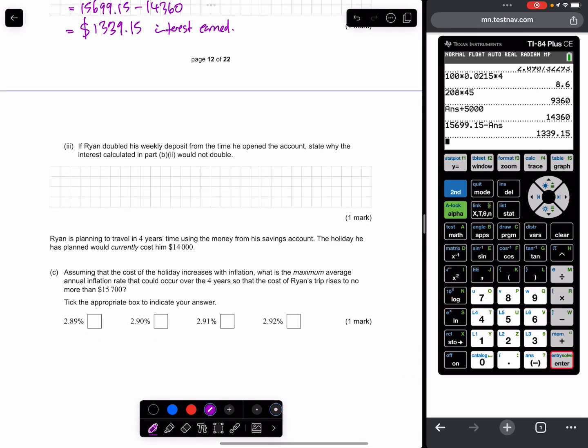If Ryan doubled his weekly deposit from the time he opened the account, state why the interest calculated in Part B2 would not double. Interest earned compounds on the starting balance and payments.